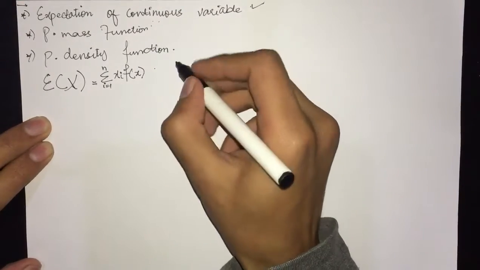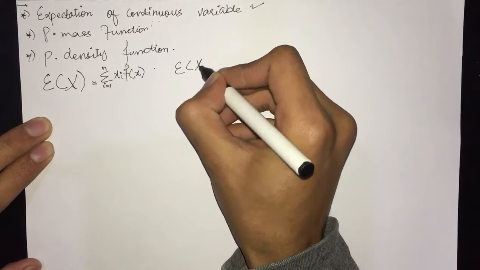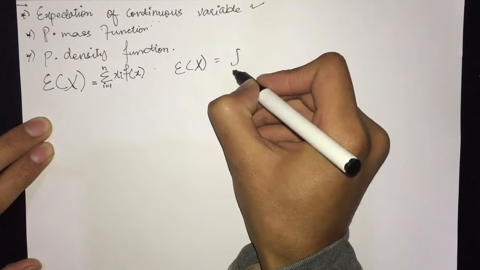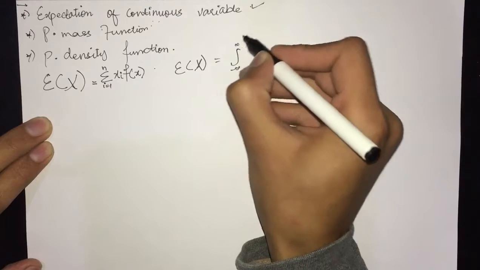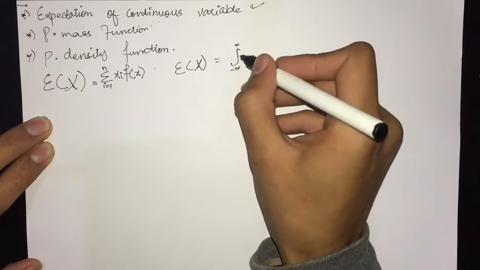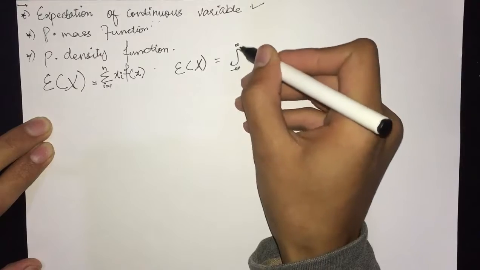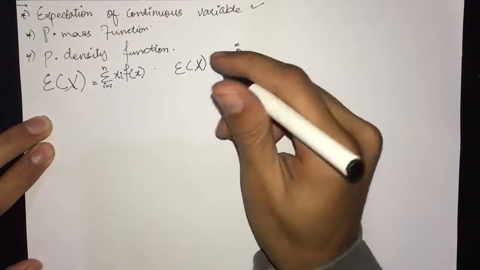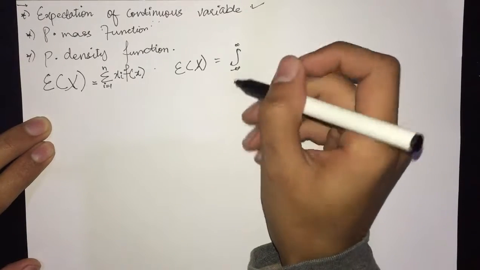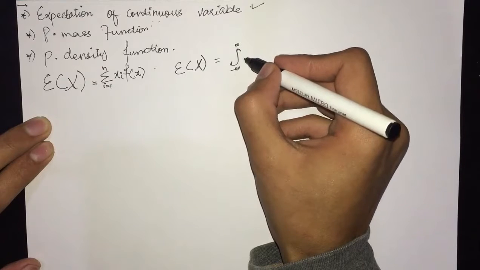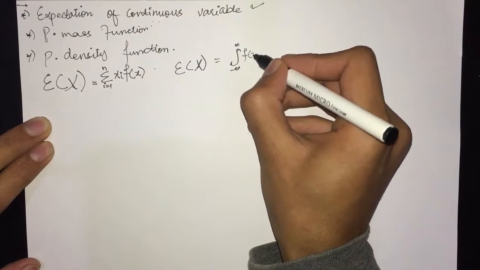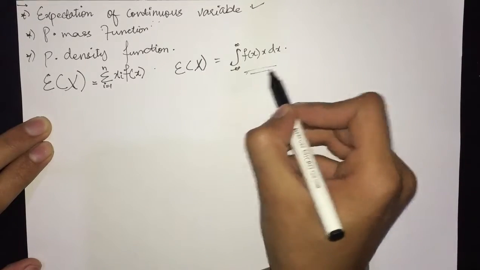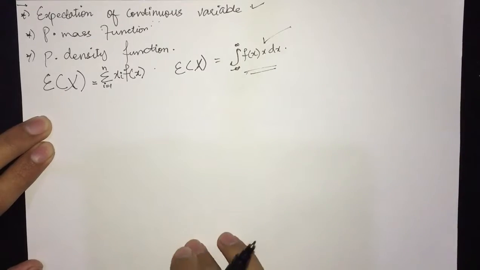So for a continuous variable, what you do is you put E of X, capital X, equals the integral from minus infinity to infinity of x times f of x dx. Integral is actually the area under graph. So this is your expectation or the mean of a continuous variable.